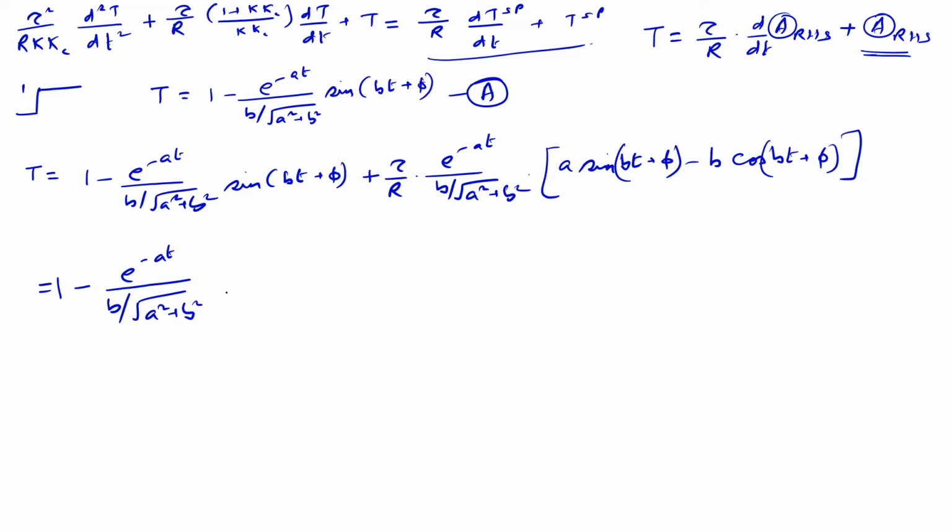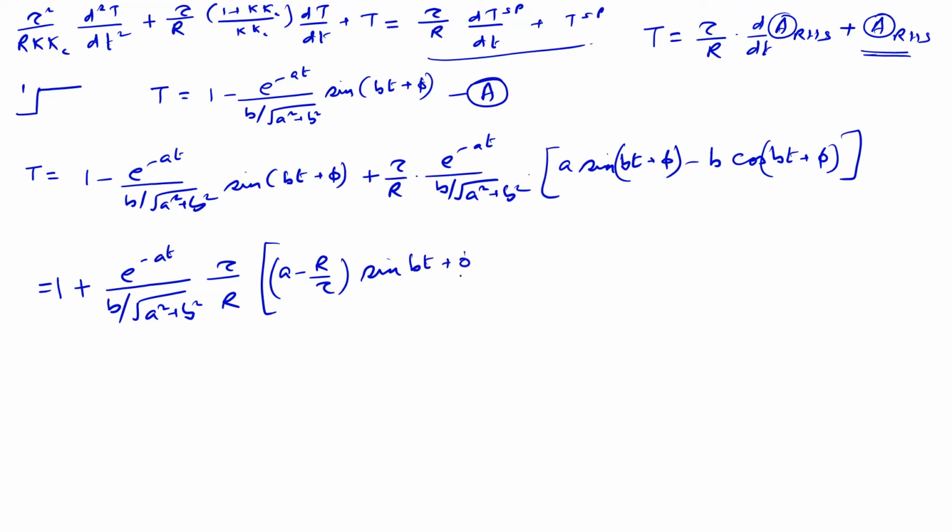Okay, so if I take tau by R common, and we'll make this plus, then tau by R common has come, so this would be a minus r by tau times sine bt plus phi.